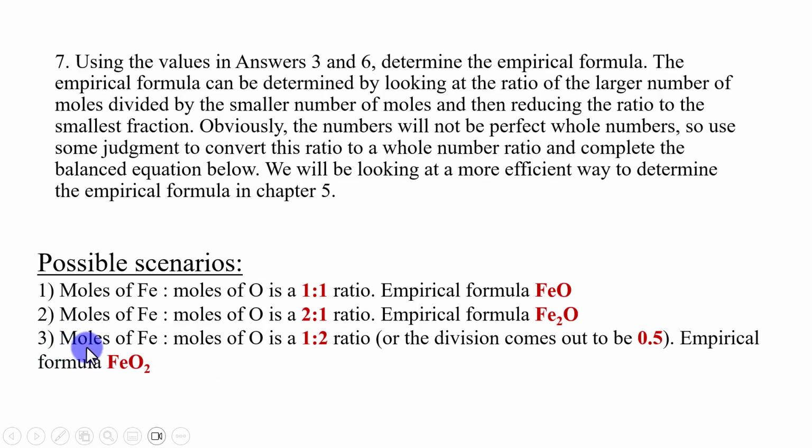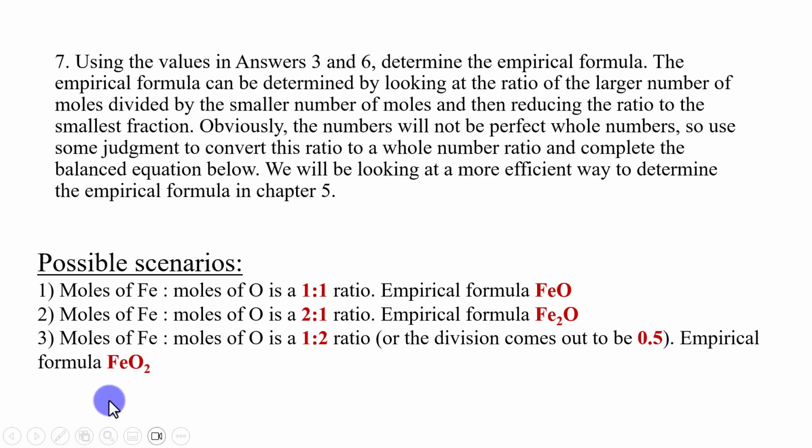The last scenario, if I do that division, is a 1-to-2 ratio. That is, if that division comes out to be 0.5. If it's 0.8 or 0.9, then round up to 1. But if it's closer to 0.5, then round to 0.5 and call it good.